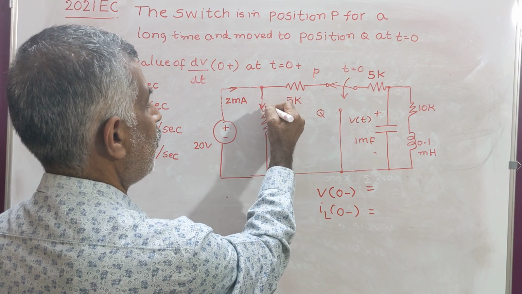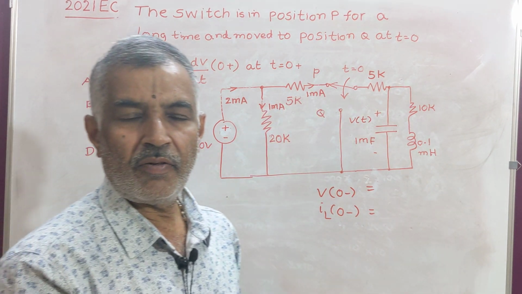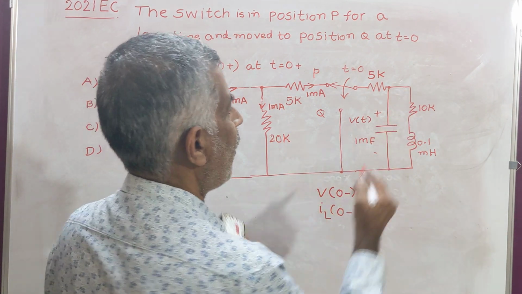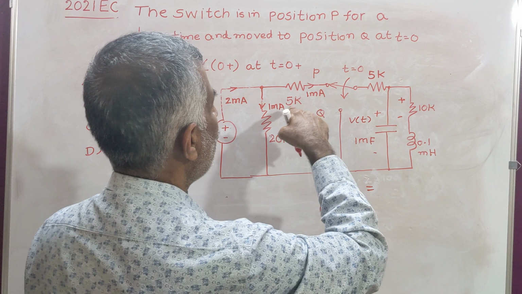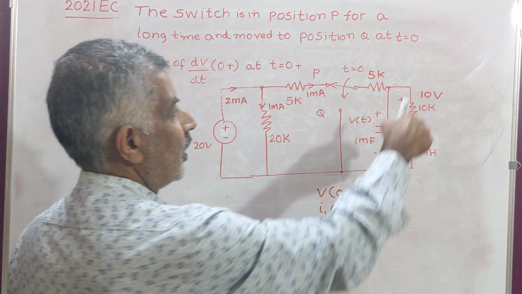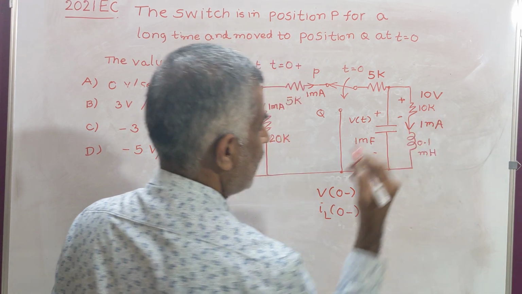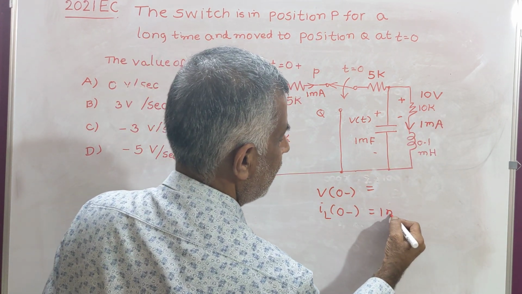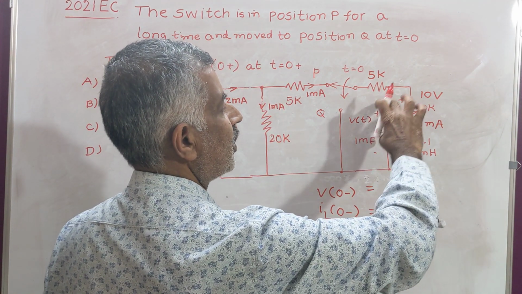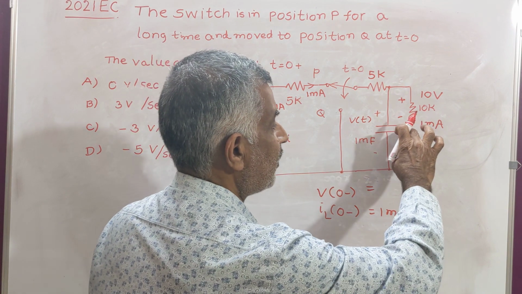Now it branches out to 1 milliamp here, 1 milliamp here. Now that 1 milliamp here is producing a drop of 10k into 1 milliamp, that is 10 volts. Next, current through this is 1 milliamp. Therefore IL0 minus is 1 milliamp. And V0 minus, the capacitor voltage, is nothing but this voltage, because the inductor is continuously carrying current and it is acting as a short circuit.